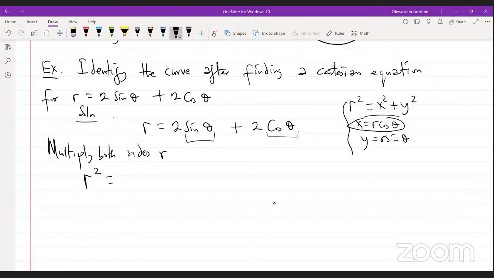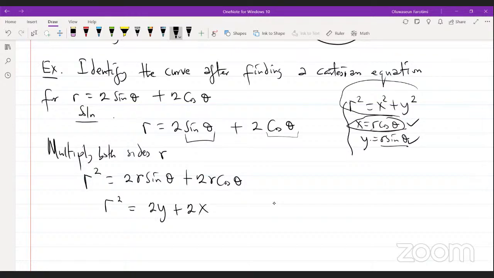That means I have r squared equals 2r sine of theta plus 2r cosine of theta. Now this apparently looks like what I need. This is r sine theta, which is y. r cosine theta is x. So my r squared equals 2y plus 2x. So we use these two formulas already.